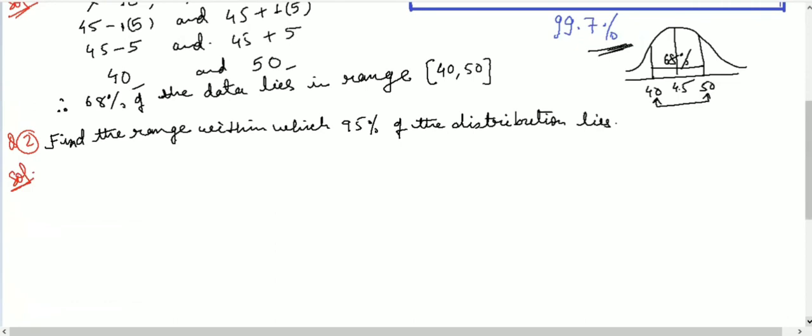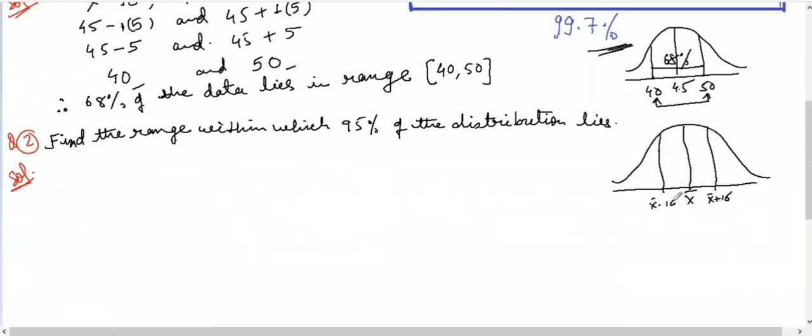Now come to the second question. The second question is, find the range within which 95% of the distribution lies. Same way, remember, this is the mean here, and here x bar plus 1 standard deviation, x bar minus 1 standard deviation.